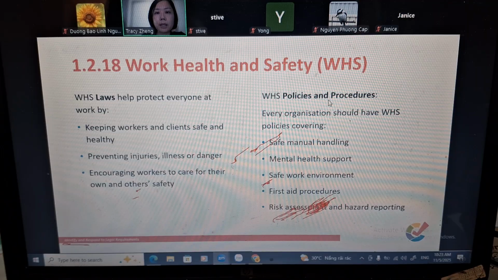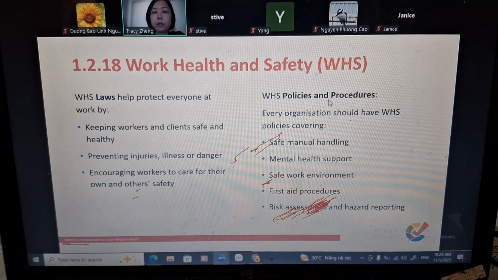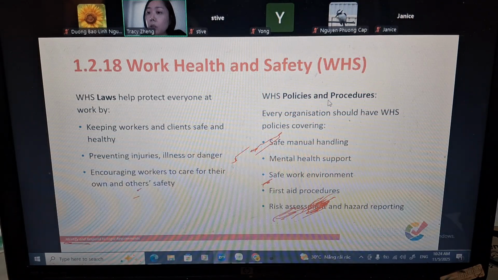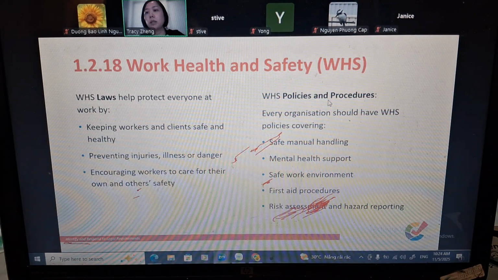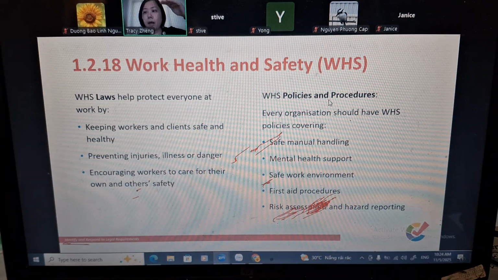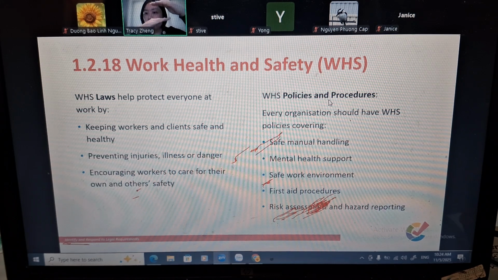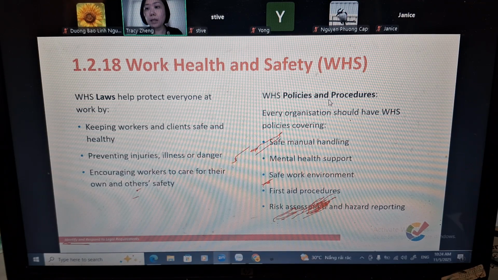And on the right-hand side of this slide, it shows your organization's policy and procedure. So that is the legislation, and each state has its own WHS regulation, and each organization also needs to have a WHS policy and procedure in place.